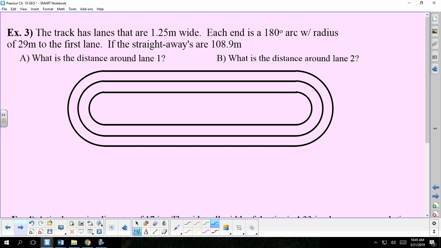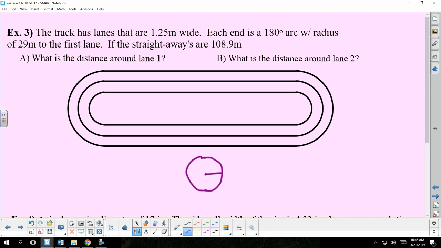So around lane 1, one way to figure this out: we have this semicircle here, and then I have this semicircle here. I want to figure out the circumference of that circle. All right, so I'm given this radius.